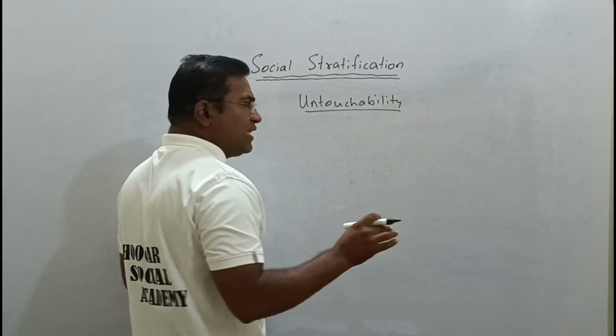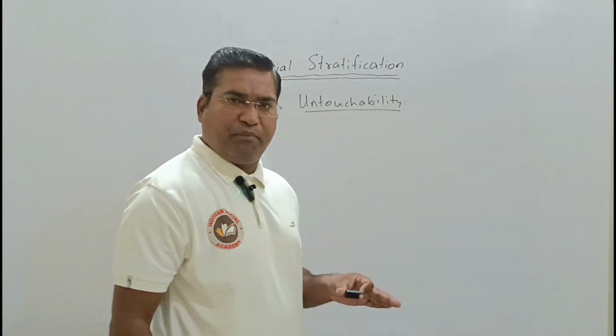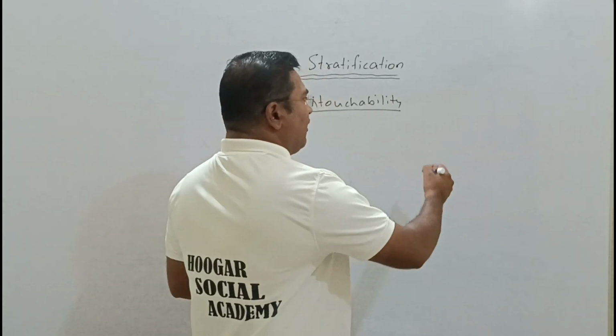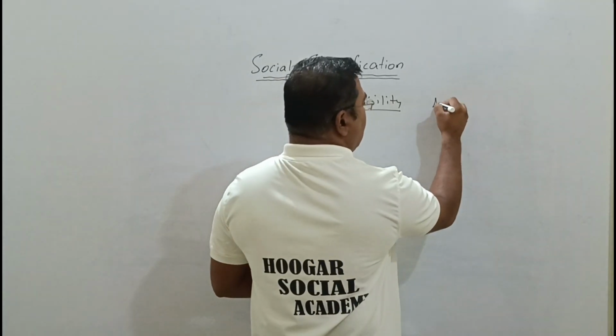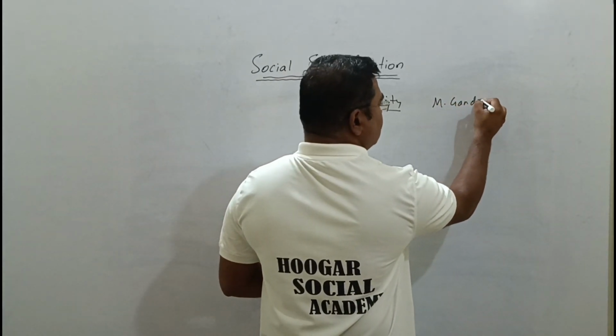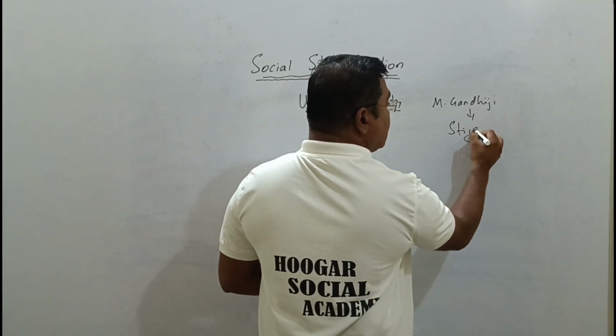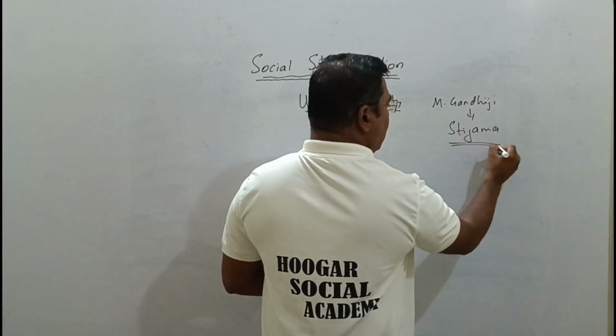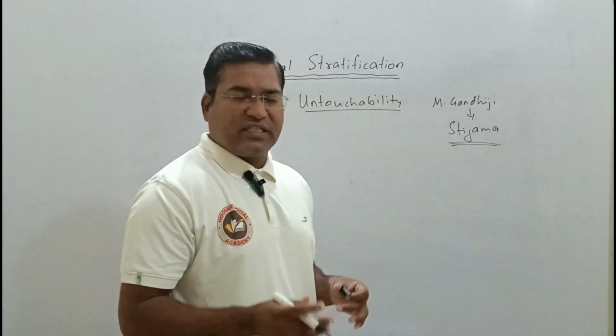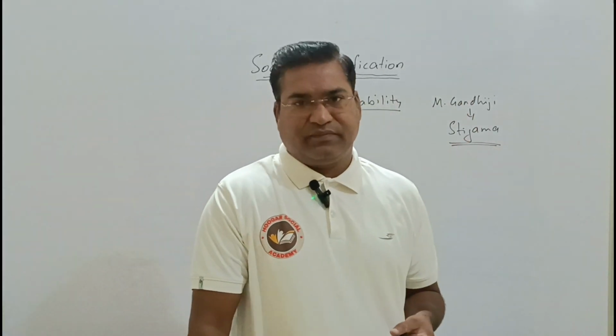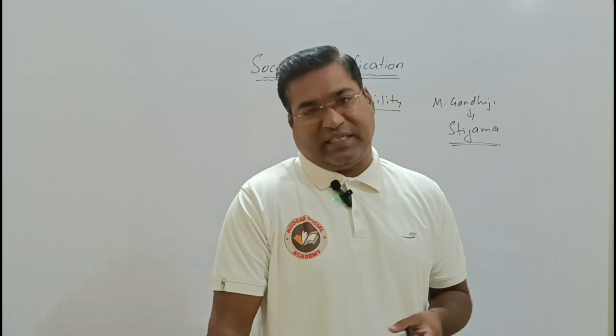This word is the biggest evil in society. Our father of the nation, Mahatma Gandhi ji, called untouchability a stigma. What he called a stigma is nothing but one sort of disease.